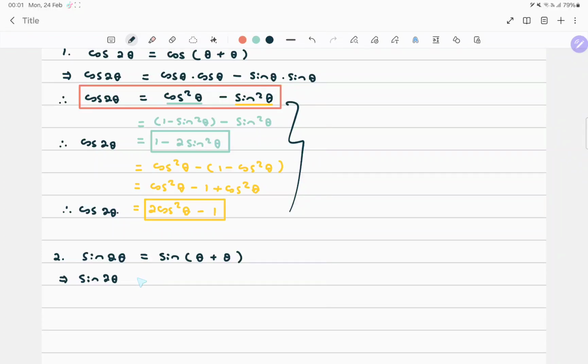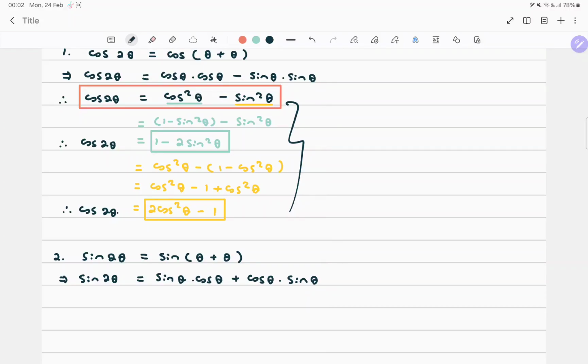So this is going to be sine of the first angle, cos of the second angle, plus cos of the first angle, sine of the second angle. There's always an alternation.